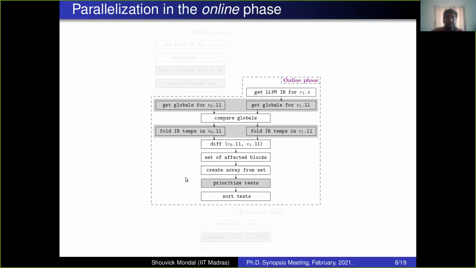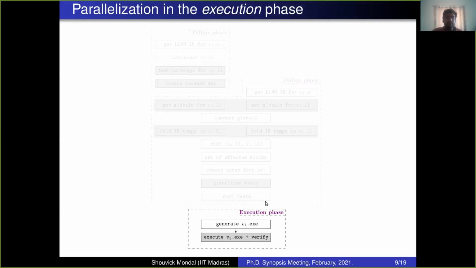That means we award these test cases, and depending on the score of these awards, we determine the priority. We prioritize the test cases, sort them, and execute them in this order in the execution phase, where we execute test cases and check their outcomes.